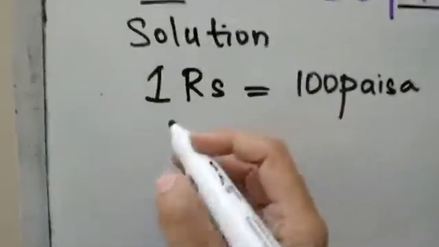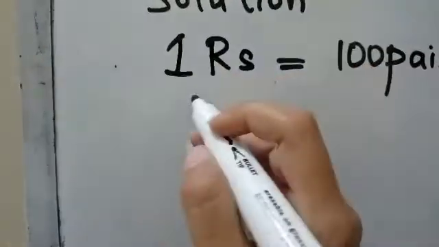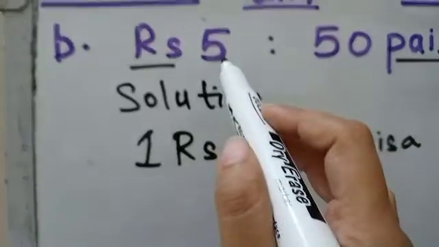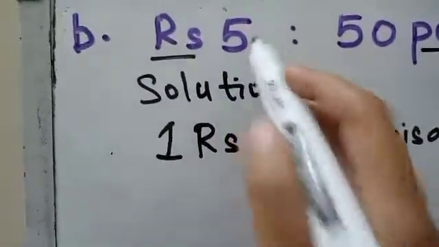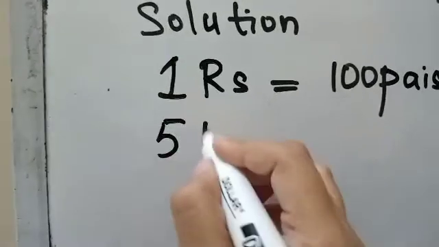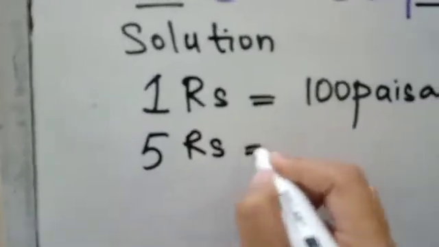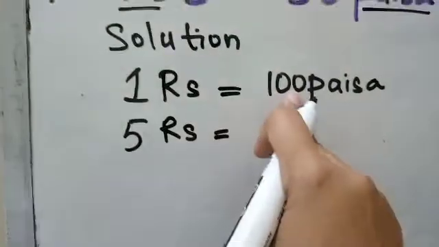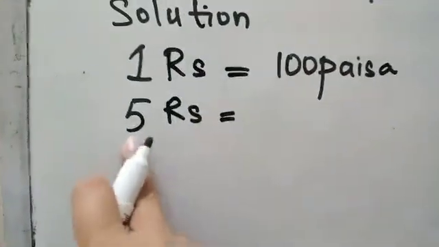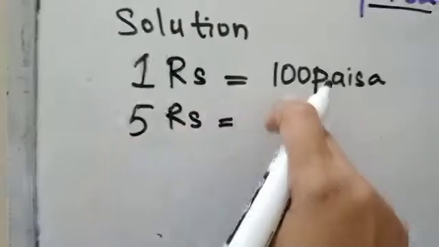Now you will see how many rupees is given over here in the question. 5 rupees. I told you whatever number is given in your question, you will write over here: 5 rupees is equal to. You will multiply what is given in the question with the unit.